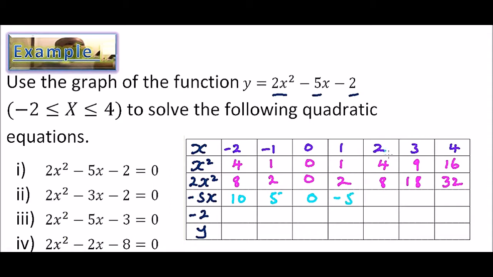Minus 5 times 2, you get minus 10. Minus 5 times 3, you get minus 15. Minus 5 times 4, you get minus 20. Then we get the constant. Minus 2 is a constant, so we fill that row with the constant minus 2.